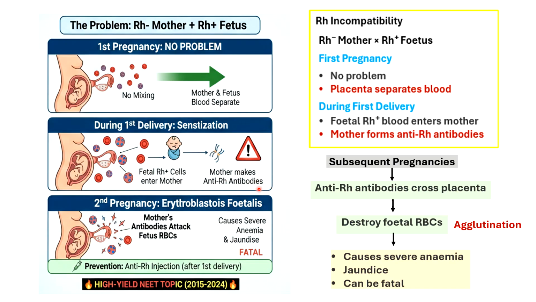What happens during the second pregnancy, if the mother has conceived an RH positive fetus? The anti-RH antibodies present in the mother will attack the fetus and cause agglutination, and that will cause severe anemia, jaundice, and it can be fatal. So this condition is called Erythroblastosis Foetalis.